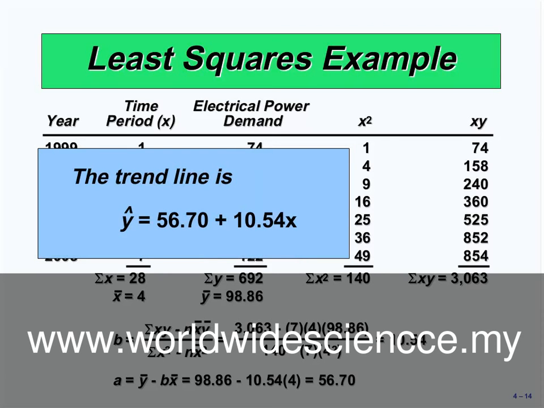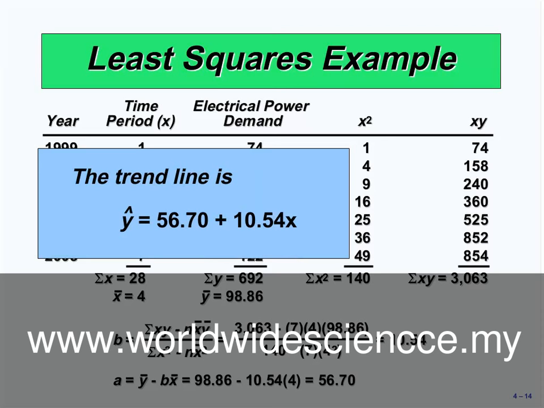For example, if we want to forecast 2020, which number should be replaced with X? Anybody knows? Very good, Mr. Qiyasi, 13. Because 2020 is 13 years after 2007.